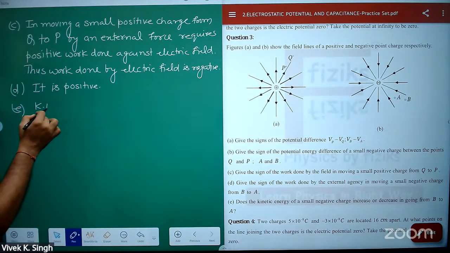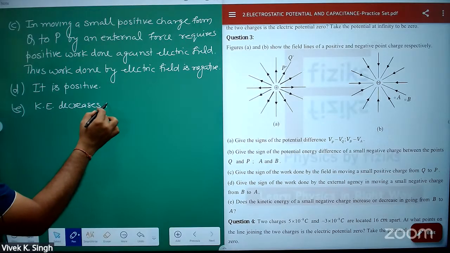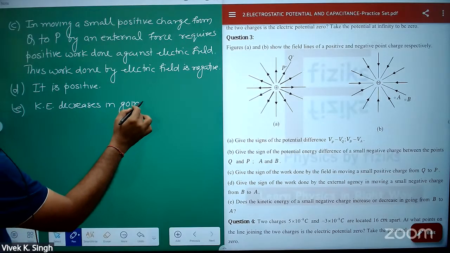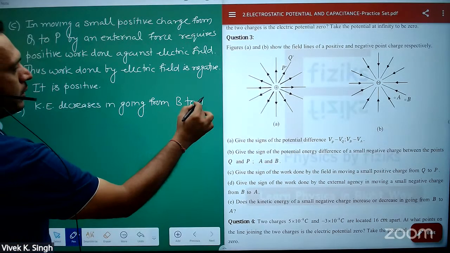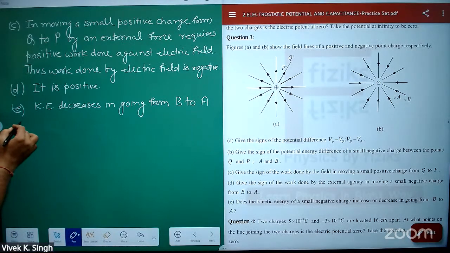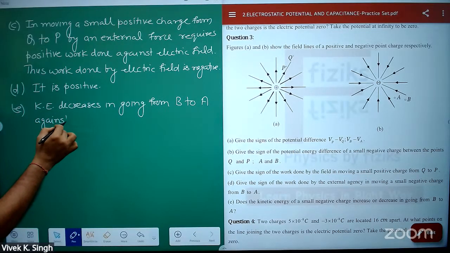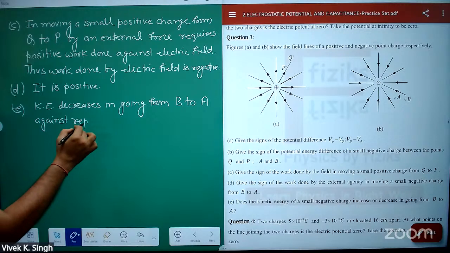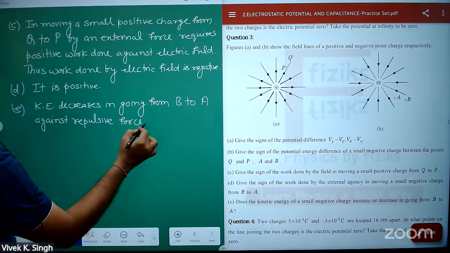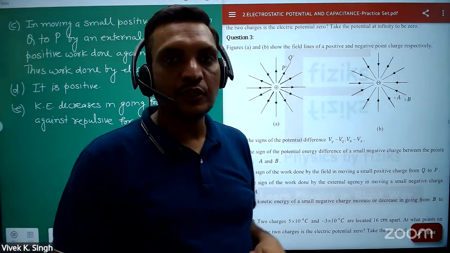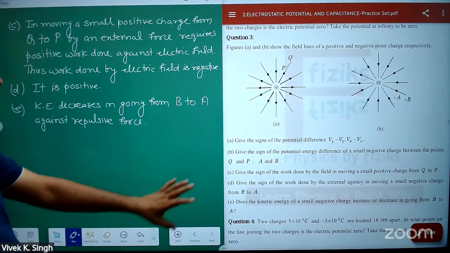Kinetic energy decreases in going from B to A against repulsive force. So that is question number 3.